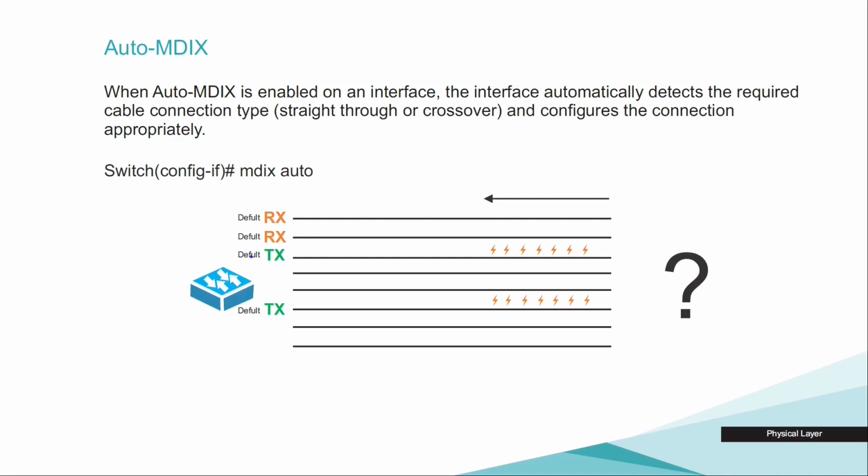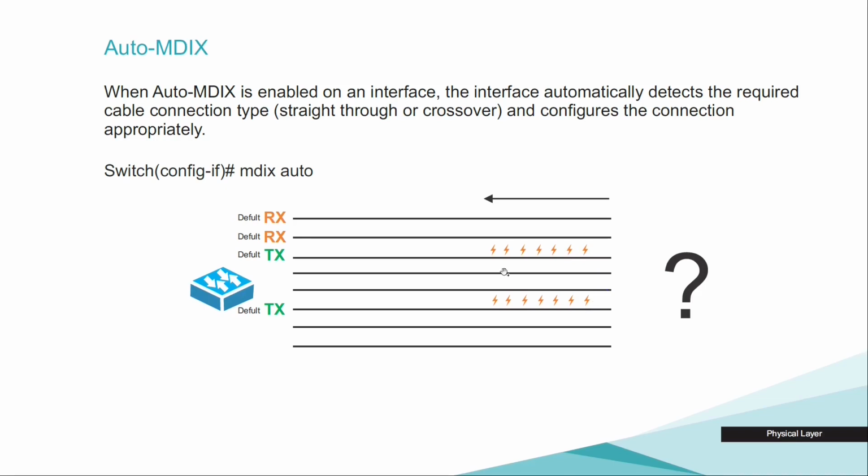Let's see our example here to understand what Auto-MDIX is and how it works. Here is the default configuration for the interface, receiving on pins 1 and 2, transmitting on pins 3 and 6. The other end is connected to our switch, transmitting data on pins 3 and 6.